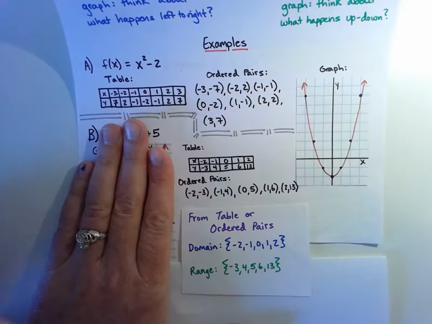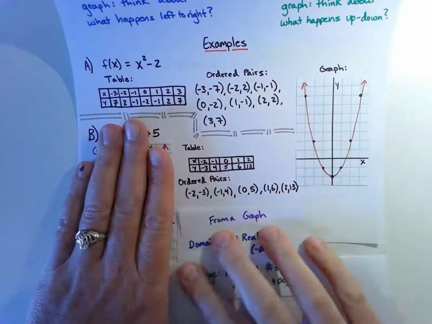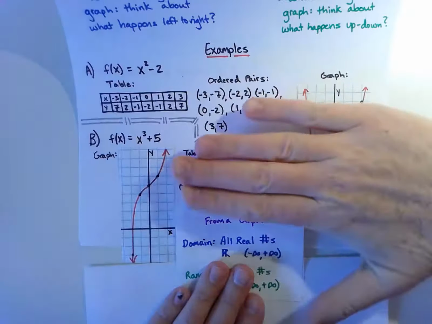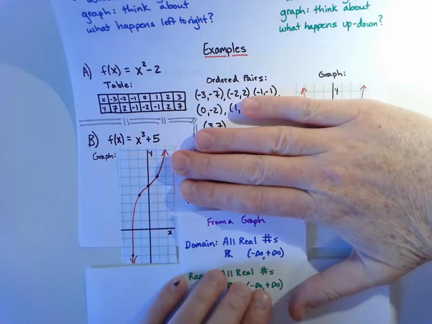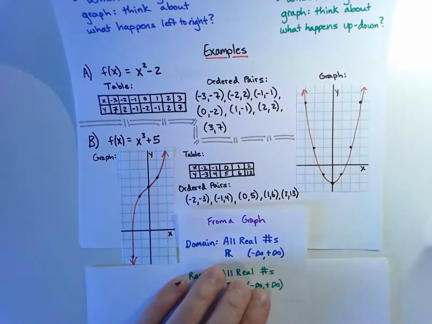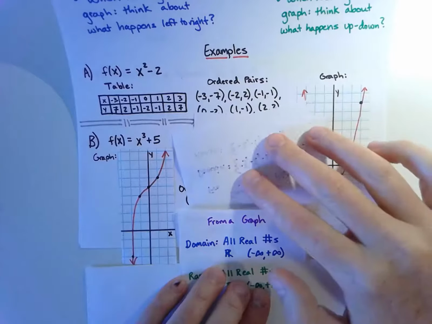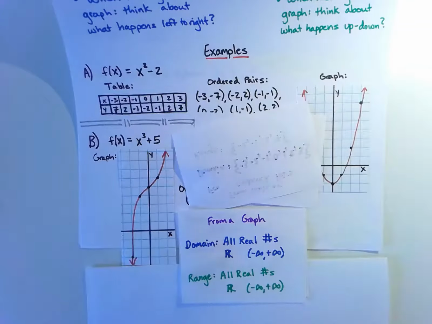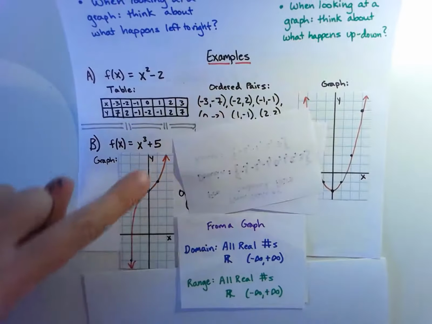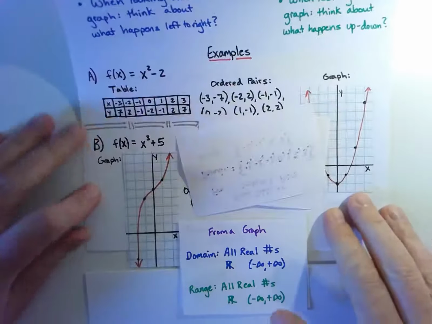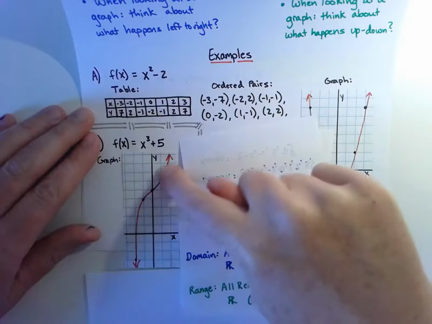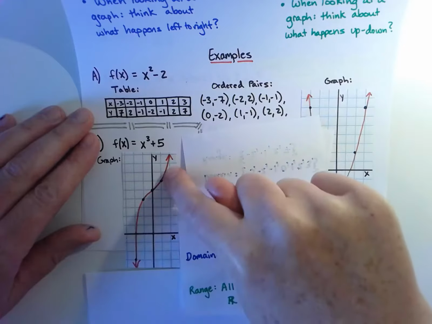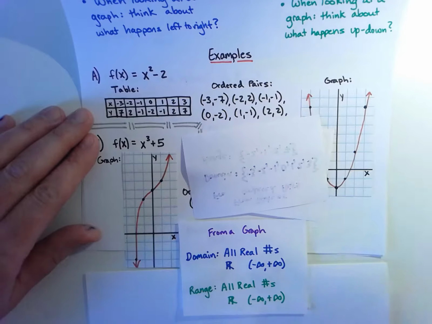But from the graph, you gotta see what's happening here. So from the graph, act like you weren't given these table of values. I would say the domain is what's happening to that graph from the left to the right. So these little arrows, you gotta think of what's happening on those little arrows, the ends of our graph. They are going to continue going to the right and to the left forever again.